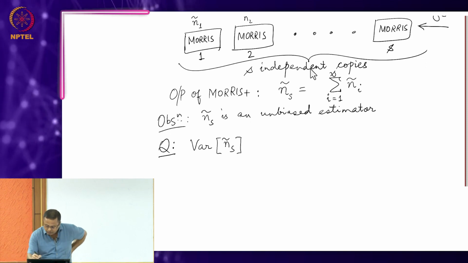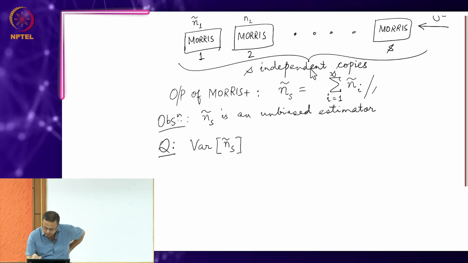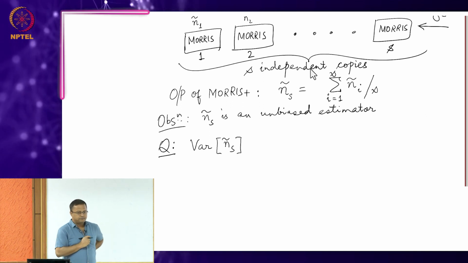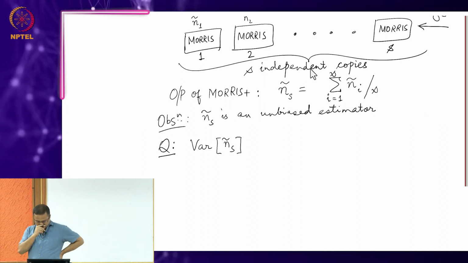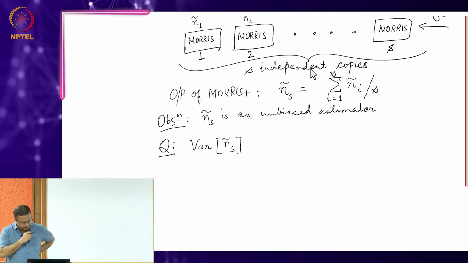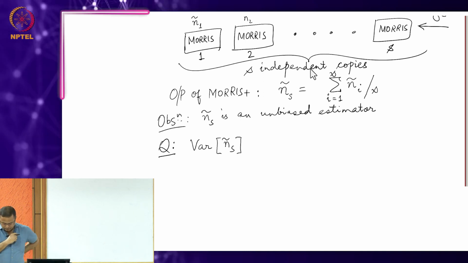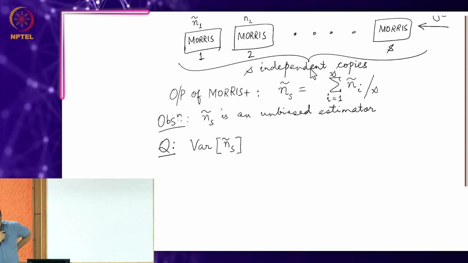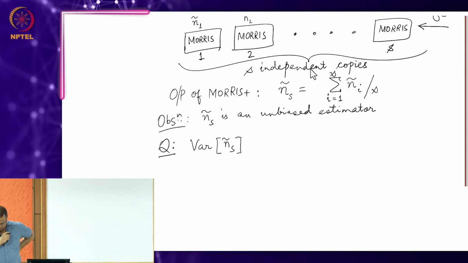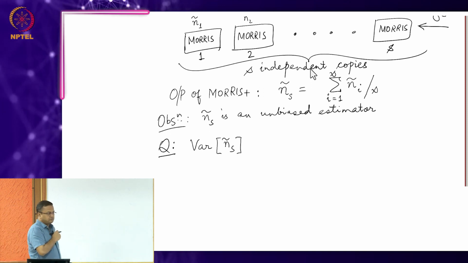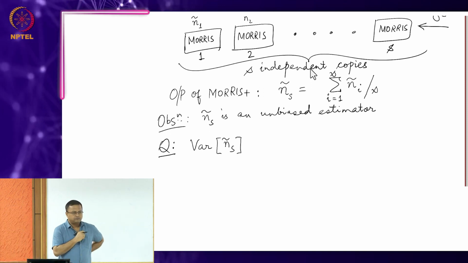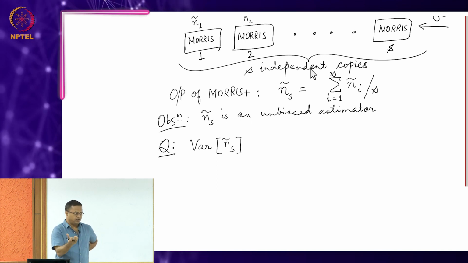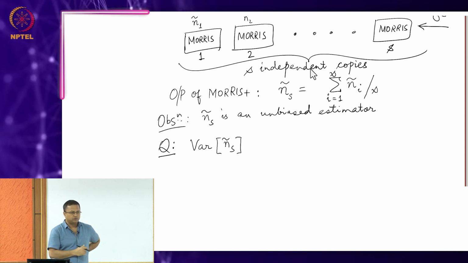Oh, sorry. You should have told me, no? This is divided, this is an average. So, now there should be an S factor which was not there earlier, right.